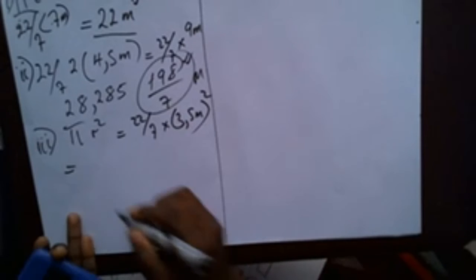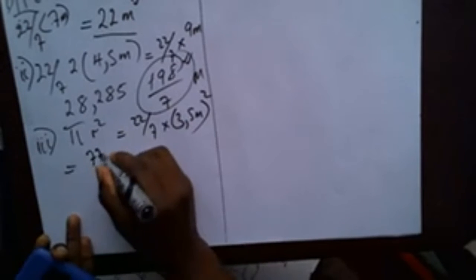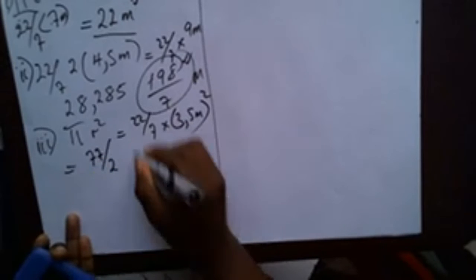Okay, let me see. You will have 77 over 2 meters squared because this is the actual value. I'm calculating using the actual values. So this is 77 over 2 meters squared. You can write it as that.